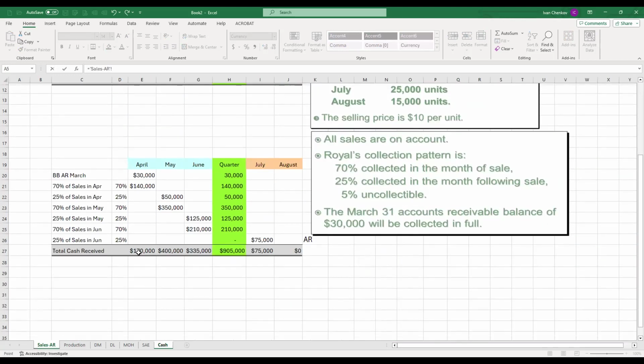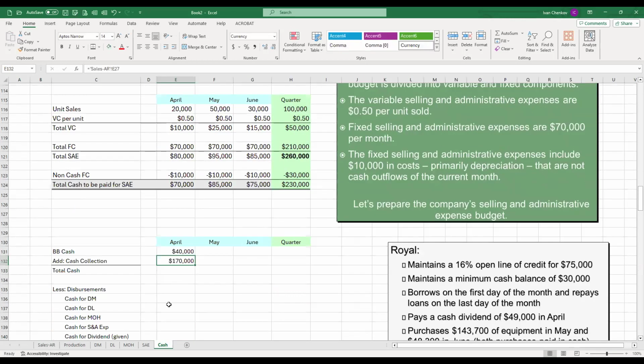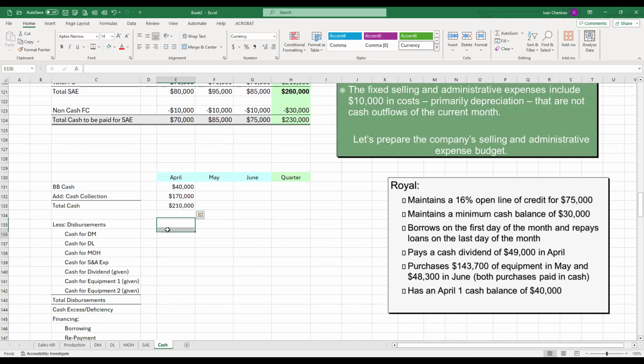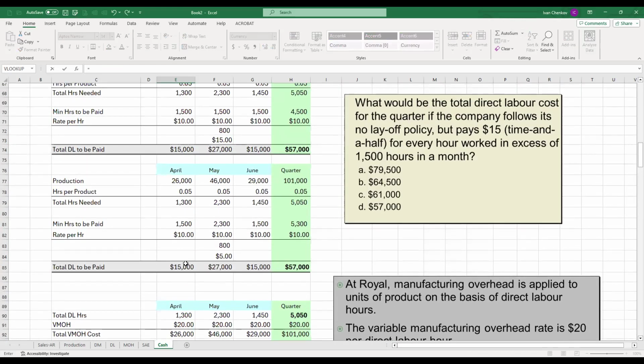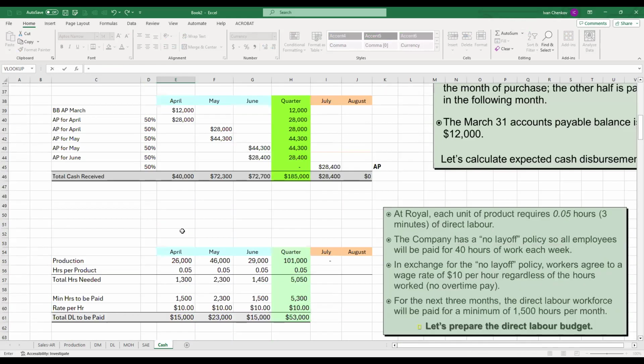So in April, we're gonna collect $170,000. So we get our $170,000. Total cash that we collected is 210. Now we're gonna start paying for the direct material. Direct material, we're gonna get it from the direct material schedule, 40,000.